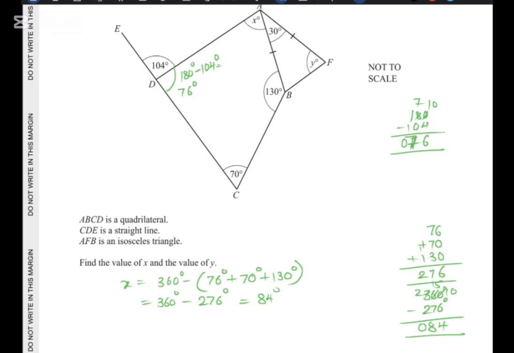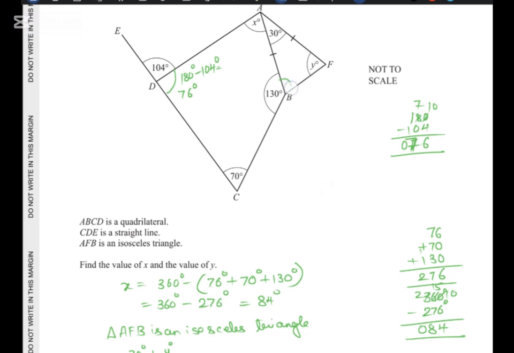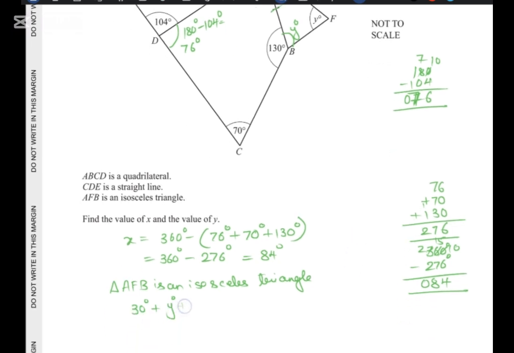Then next, how to find out y? Because triangle AFB is an isosceles triangle. The given angle is 30 degrees plus y, and in an isosceles triangle, if the two sides are equal, these two angles are equal, so this also will be y. So 30 plus y plus y. The sum of the angles in a triangle is 180 degrees.